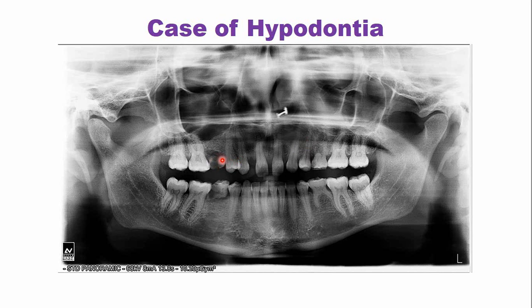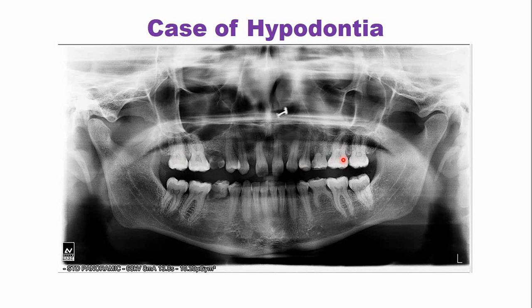This is the deciduous second molar, and there is no second premolar on the right side, and similarly there is no second premolar on the left side, and there's a retained maxillary deciduous second molar. This is the first molar and this is the second molar.